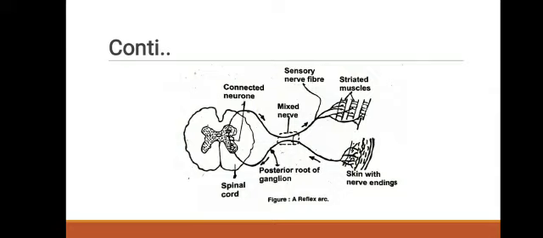The reflex arc is a functional unit of the nervous system. In this diagram, we can see the connected neuron, spinal cord, posterior root ganglion, skin with nerve ending, striated muscle, sensory nerve fiber, and mixed nerve.